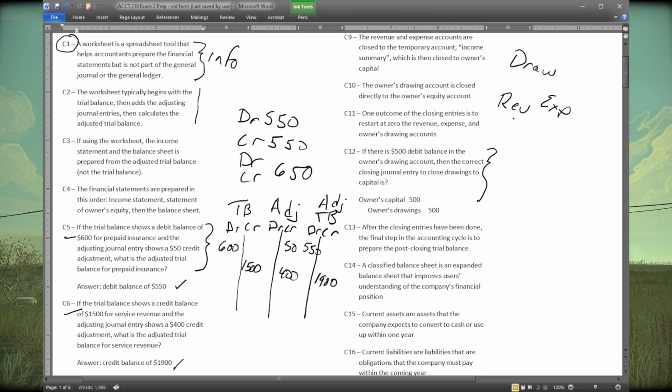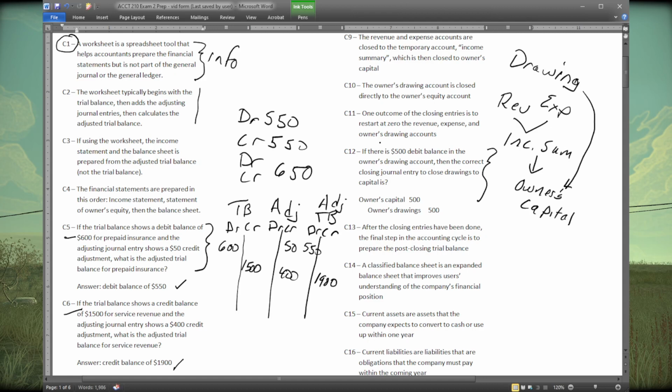Now, these 2 have an intermediate step. They close to something that we call income summary, and then it goes to closing to owner's capital. Whereas drawings, the owner's drawings, skips the intermediate step and it goes straight to owner's capital.